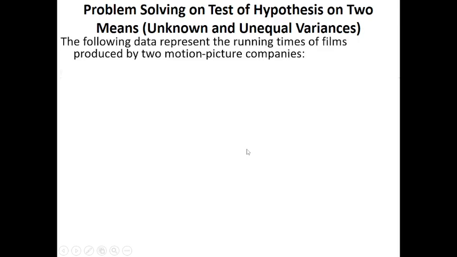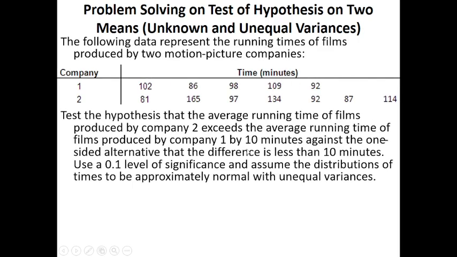Alright, this time we are going to solve a problem involving two means with unknown and unequal variances. The following data represent the running times of films produced by two motion picture companies, company 1 and company 2. These are the times.